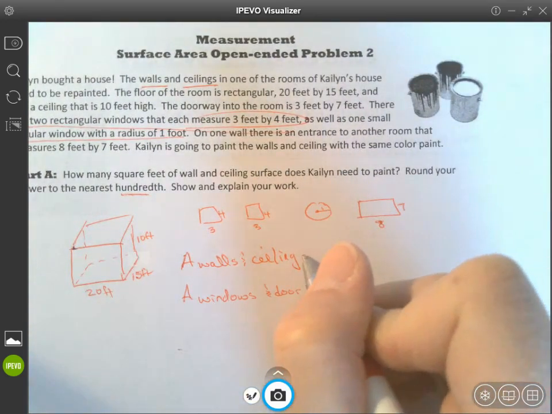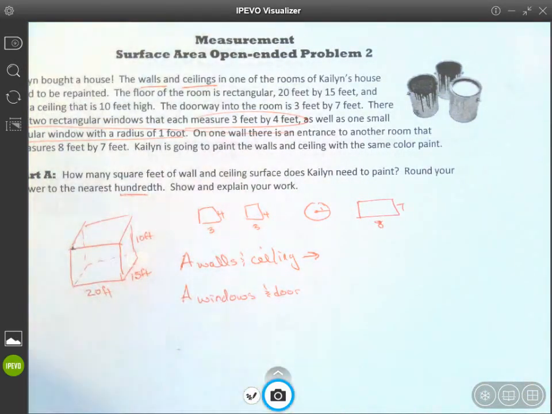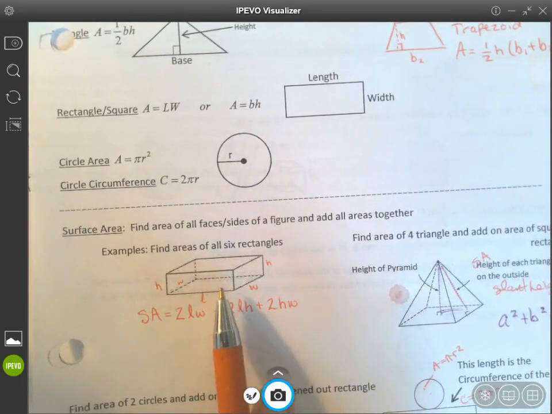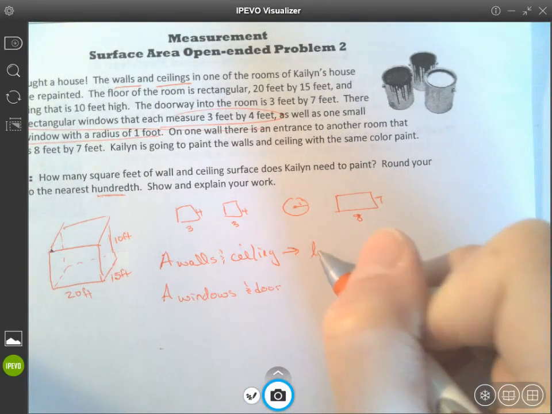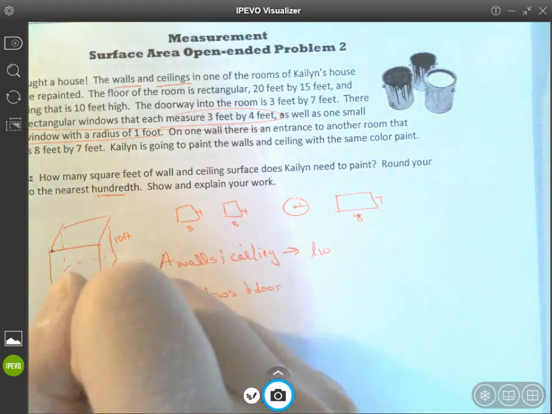The area of the walls and the ceiling, well, it's your choice, guys. You could find the surface area of a rectangular prism using this formula and then take off the floor. Or you could think about it as, well, it's only length times width, not two of them, just one of them, because I'm not painting the floor. So length and width.